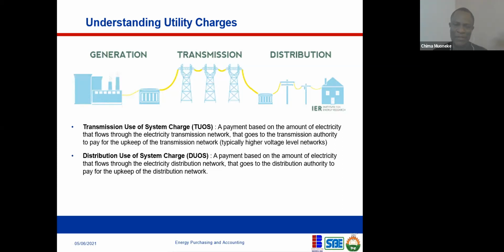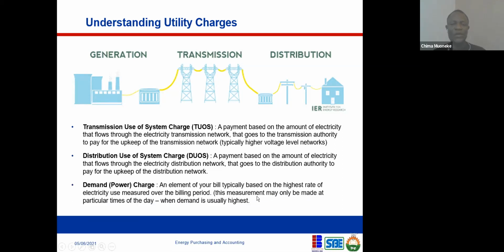There's quite a number of generation companies in Nigeria. You pay your transmission use of system, you pay your distribution use of system, then the energy will be delivered to you. It's not very common yet, but as the market develops, we can get to the point where you begin to hear about distribution use of system. But it is good and very important that you understand what it means.